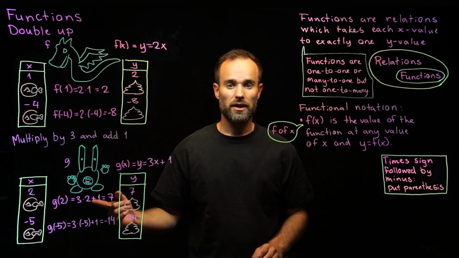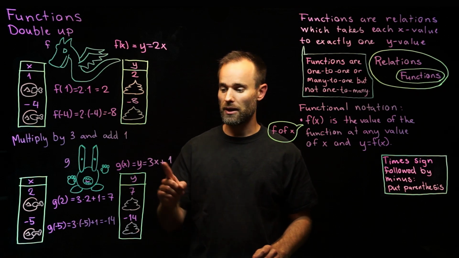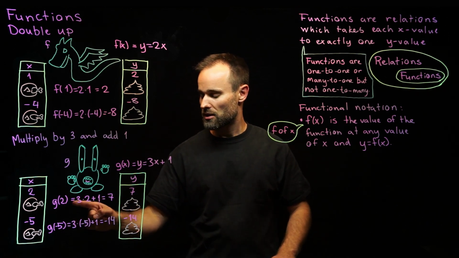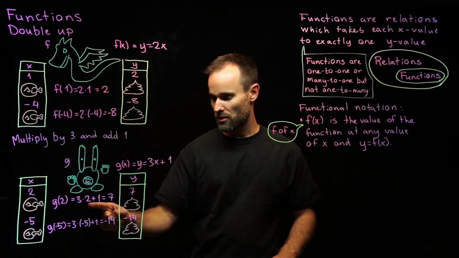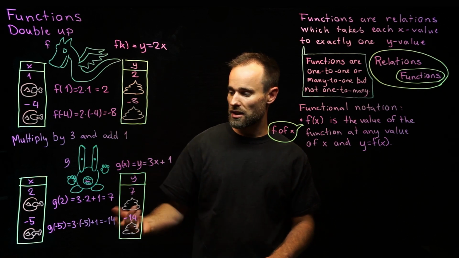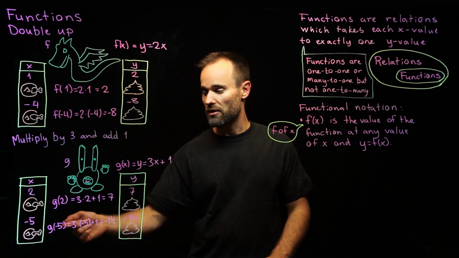These are the calculations for the g monster. Also here we have replaced x in the function such that g of 2 is equal to 3 times 2, with 2 for x, plus 1, which is equal to 7. And similarly for g of negative 5.